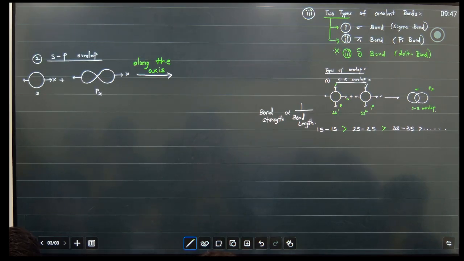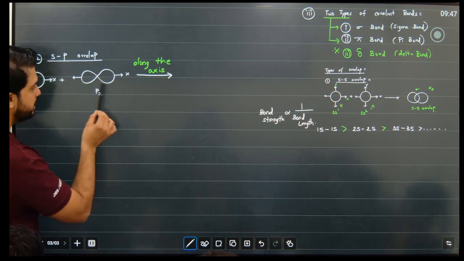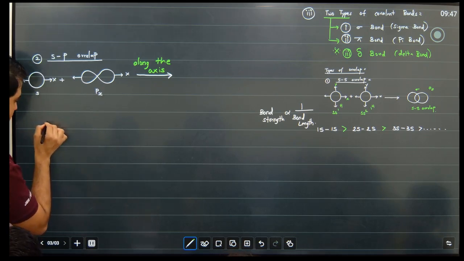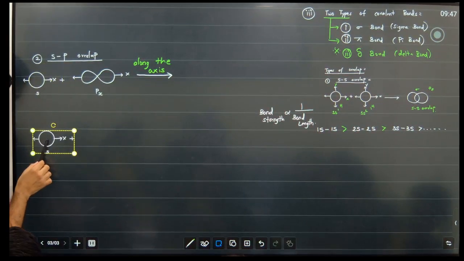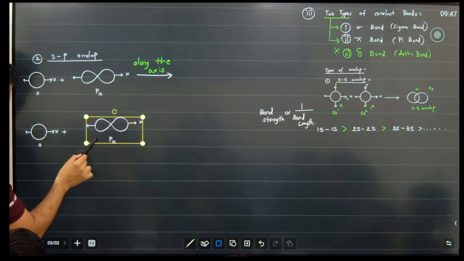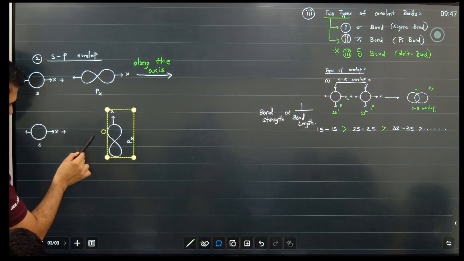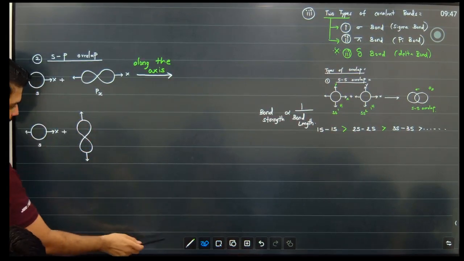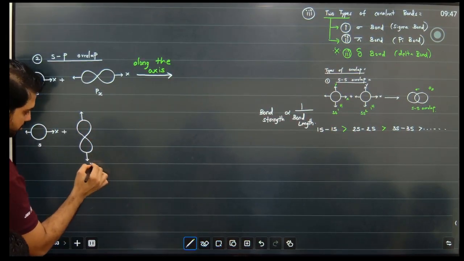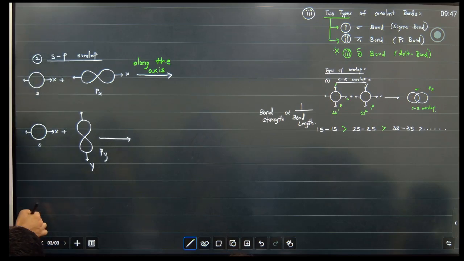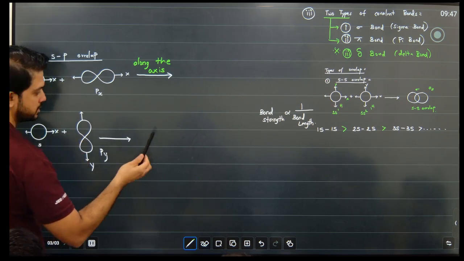It's only then that they can overlap. ये overlap तभी possible है when both come along the same axis. ये overlap ऐसे possible नहीं है. This is, let's say, along y-axis, और मैंने क्या बना दिया यहाँ पे? This is not possible.